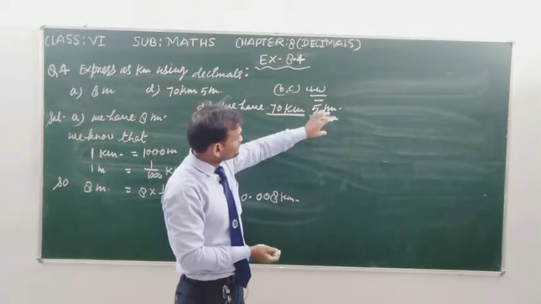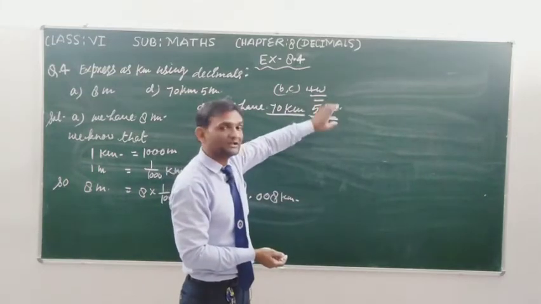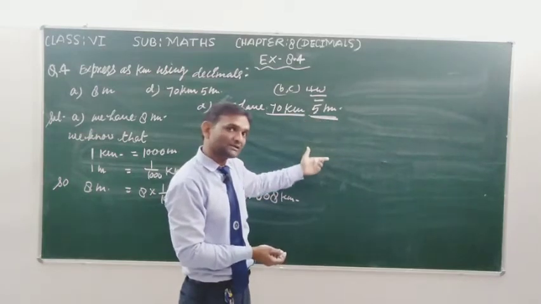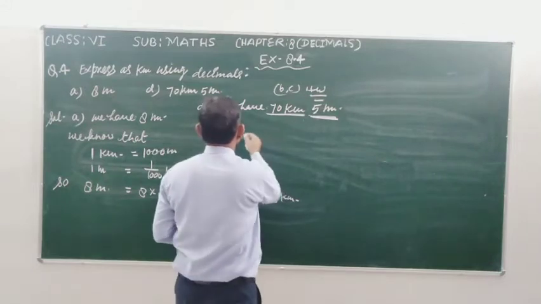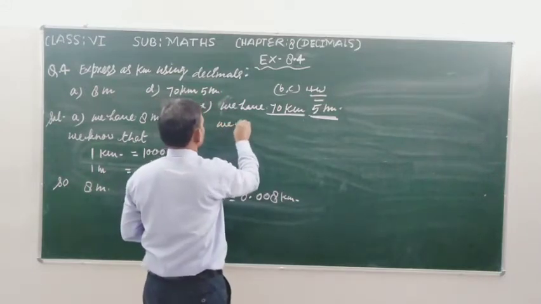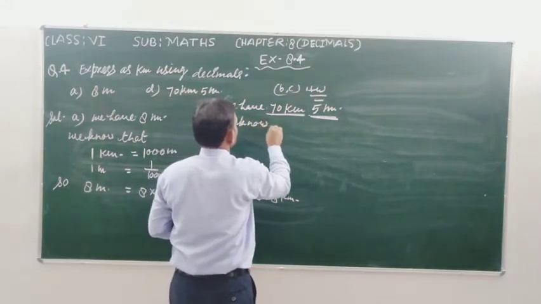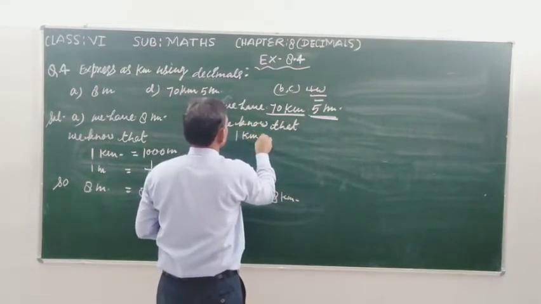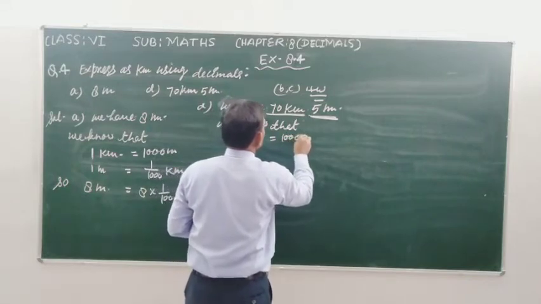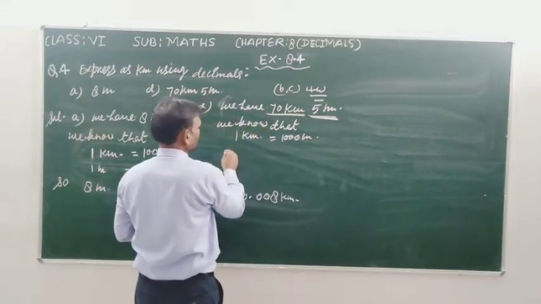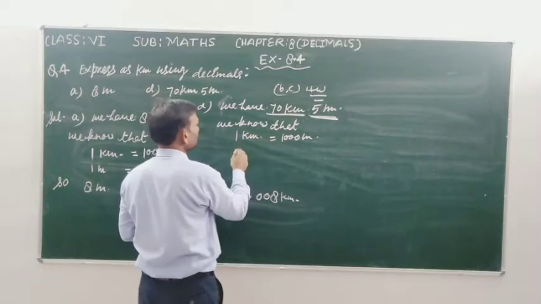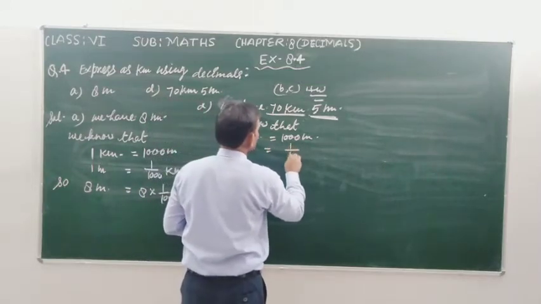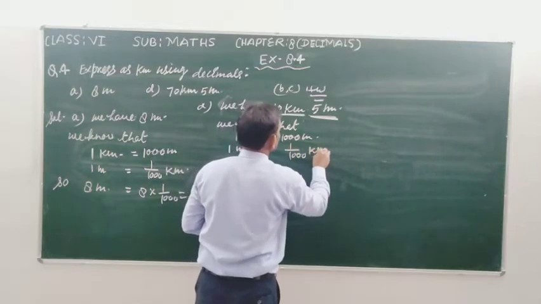And when you are able to change 5 meter in kilometer, then you will add both values together and you will get the answer. So we know that 1 kilometer is equal to 1000 meter, and if we write the opposite scale, 1 meter is equal to 1 upon 1000 kilometer.